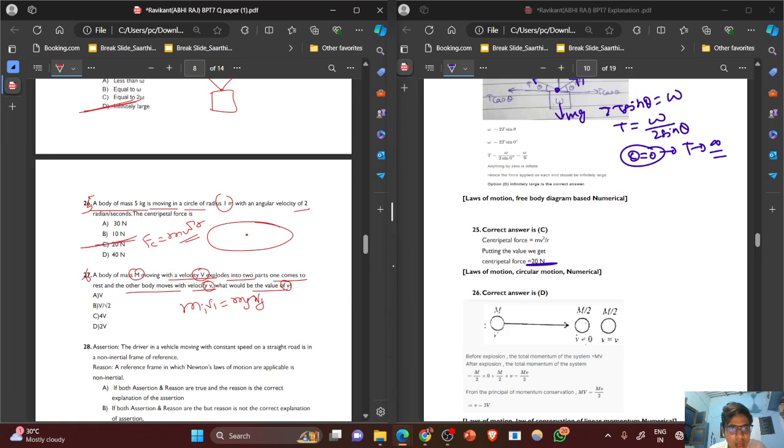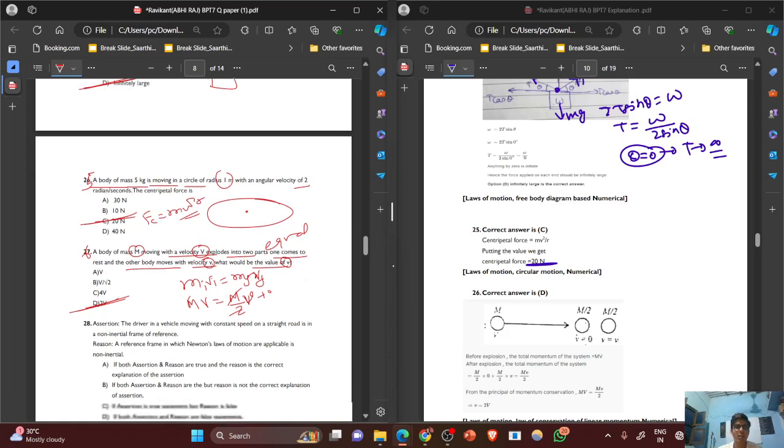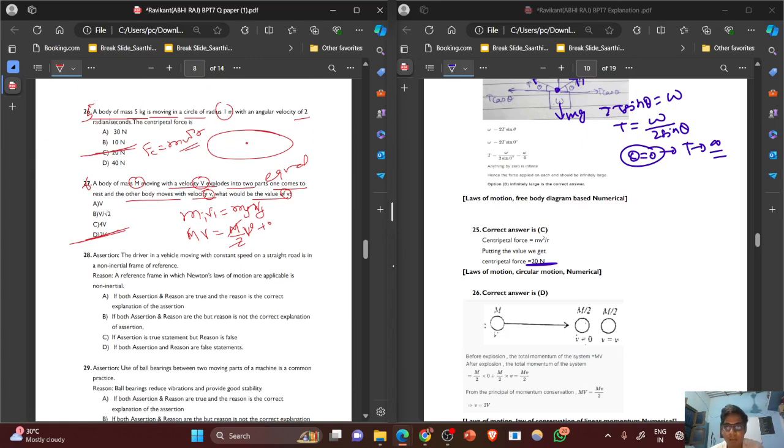So simply, the body m v equals, it breaks into two parts, two equal parts it should be written, m by 2 times small v and 0. So small v will come out to be 2 times v. That option D is your correct answer. Simply conservation of angular momentum, sorry, linear momentum.